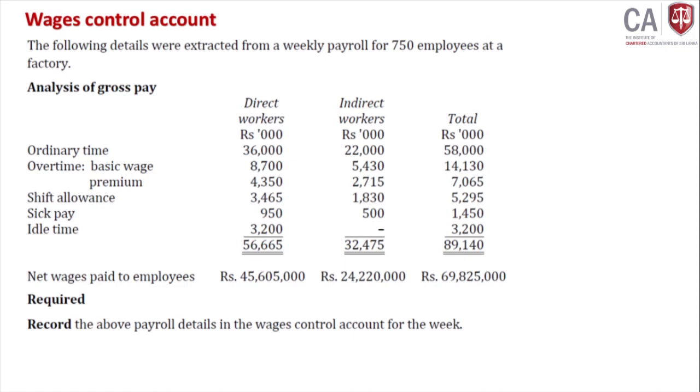Supporting staff are indirect staff. Let's say garment manufacturing. The employees who stitch the garment or work with sewing machines, we identify as direct employees, direct workers, and the salary paid to them as direct salary.